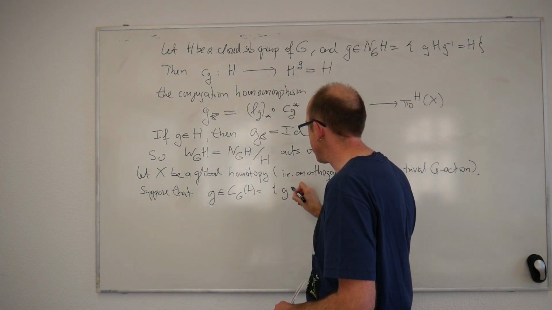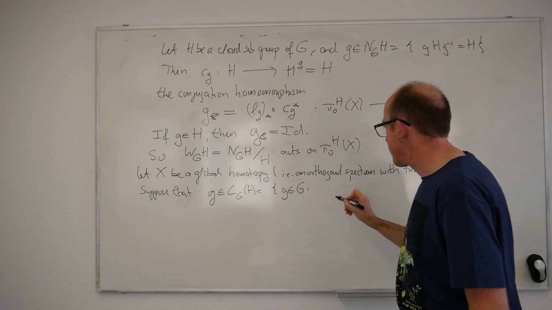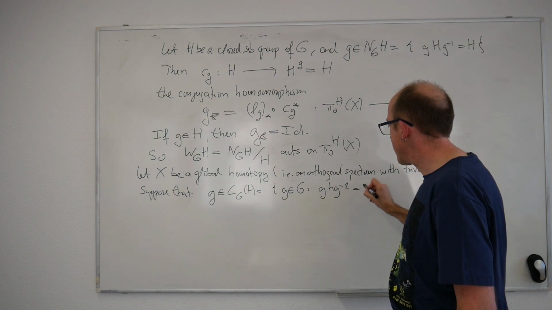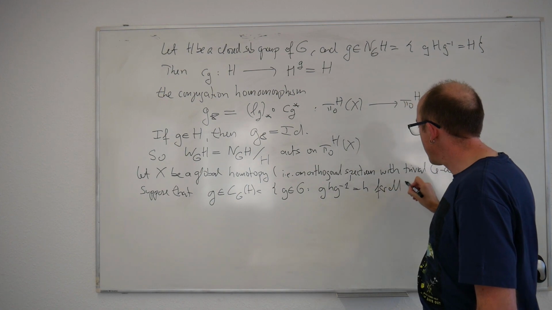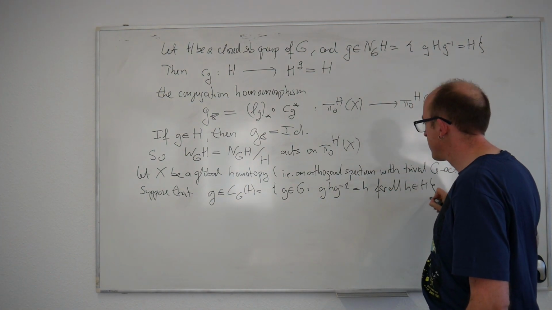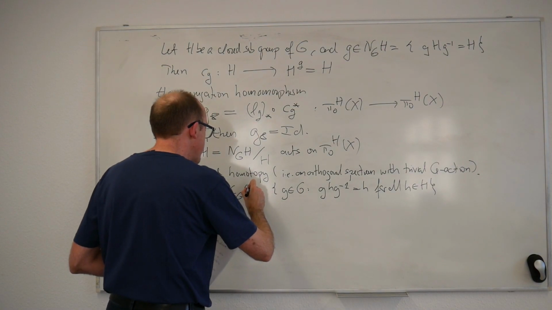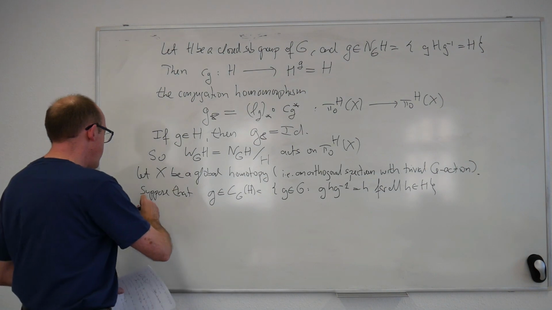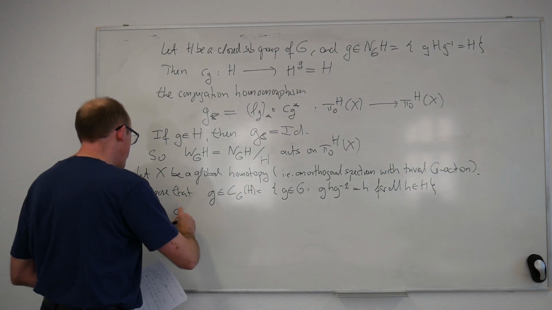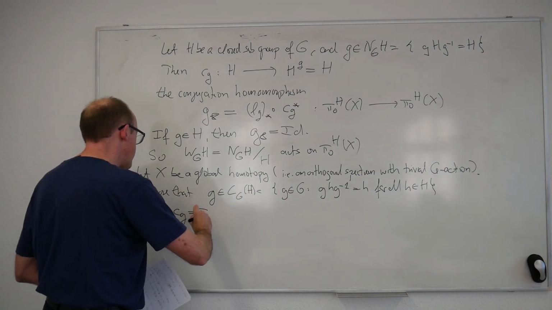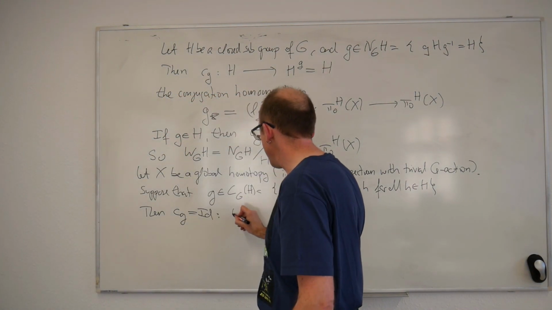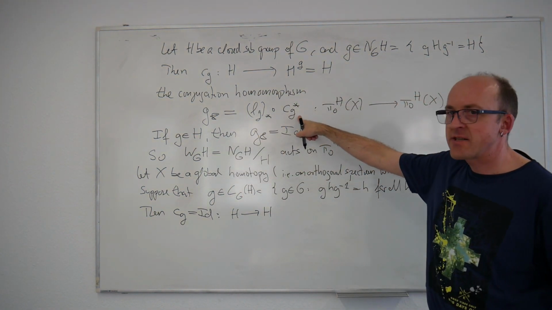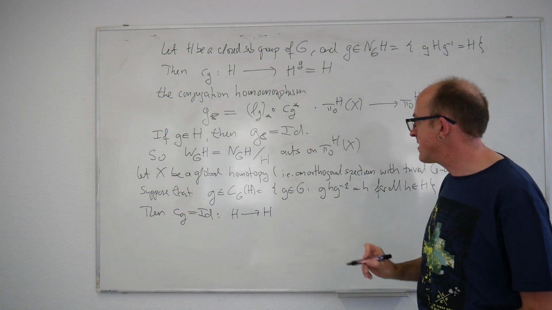So these are all elements g in G that conjugate the elements of H pointwise. So g h g inverse is h for all h in H. So this is a subgroup, a normal subgroup of the normalizer. And then something special happens. So first of all, because it centralizes, the conjugation homomorphism is then the identity from H to H. So that means c_g upper star is the restriction along the identity, so that's the identity.